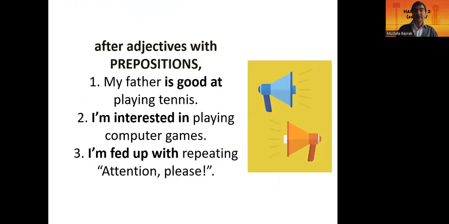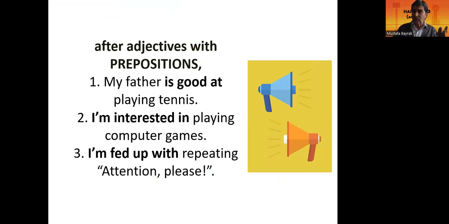Now, after adjectives with prepositions, this is very famous. Maybe I have told it at least 10 times so far. It is very practical, and everybody should know that after adjectives with prepositions.